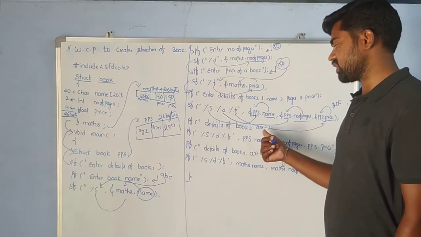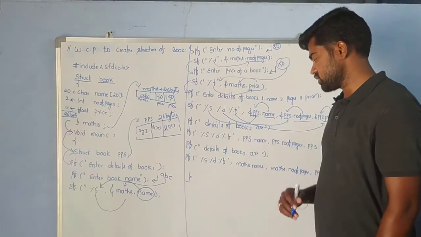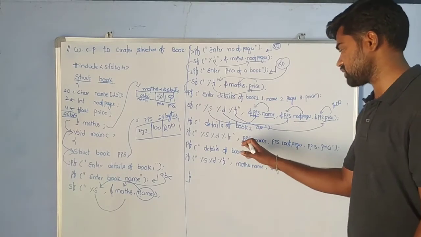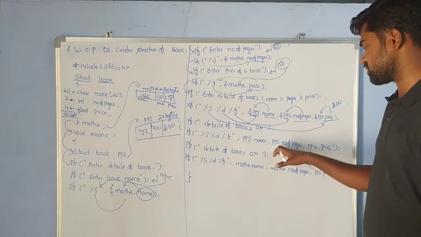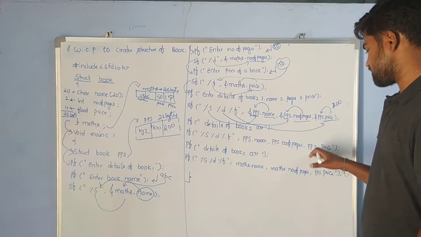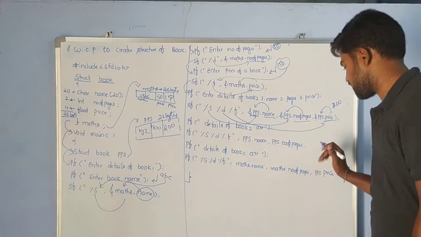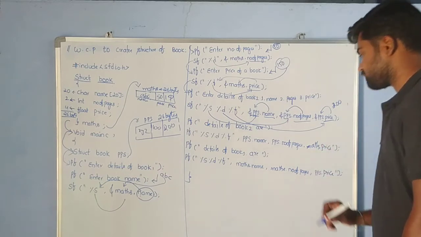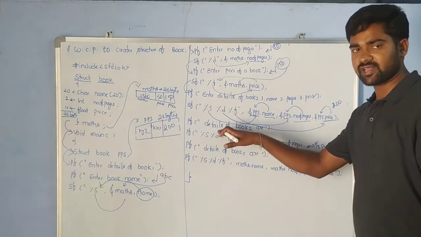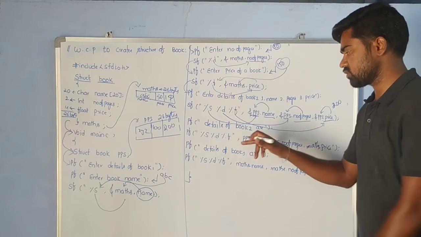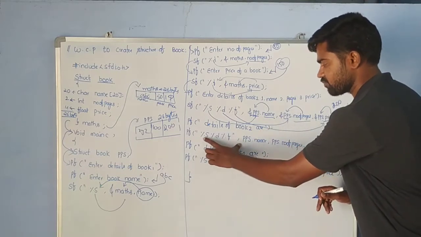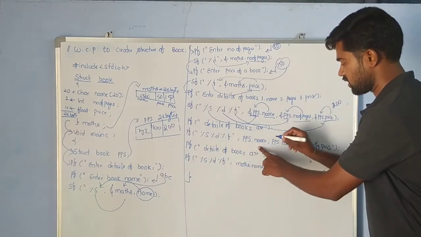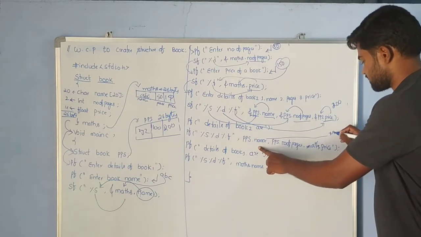Now we need to print the details of book 2 and book 1. Here we wrote PPS dot name, PPS dot number of pages, PPS dot price. Instead of using PPS, I'm using the mass now. So what will happen? Here we gave the details of book 2. First, %s is PPS name, and it is going to print XYZ.